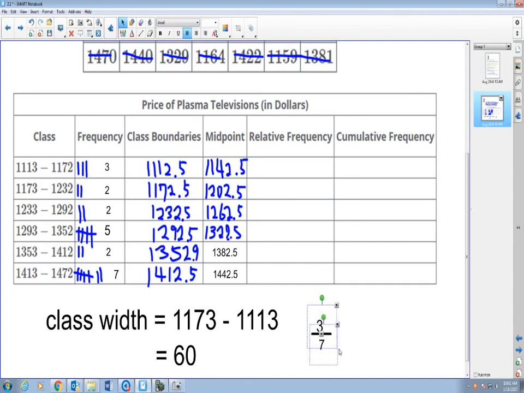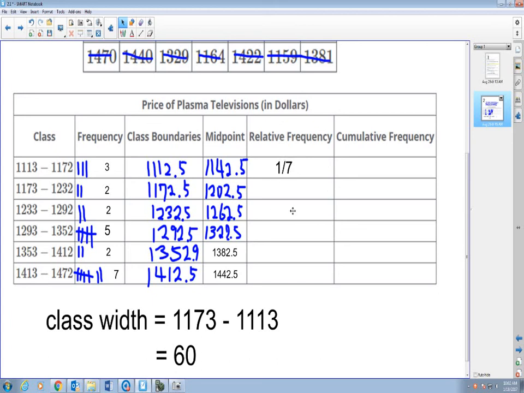Sorry about that. Alright, first one is 3 out of 21. 3 out of 21 can be reduced, so that will be 1 out of 7. So if you want to use fractions, please reduce them.